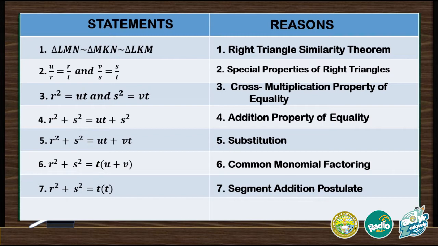What will be the result? Correct! R squared plus S squared equals T squared. The reason for that is product law of exponents.